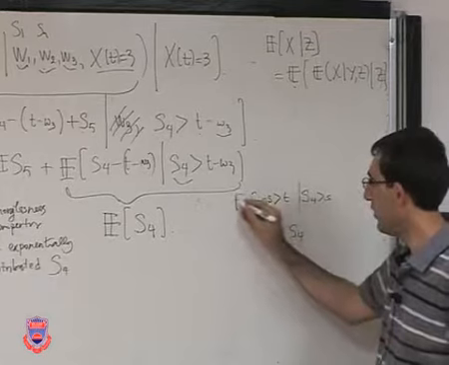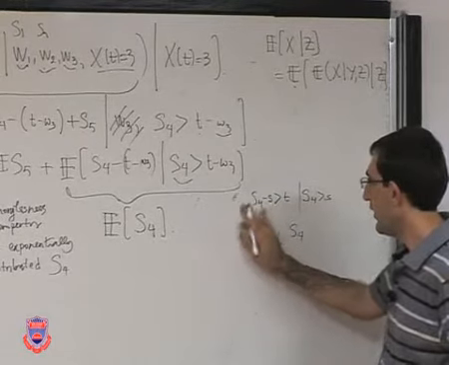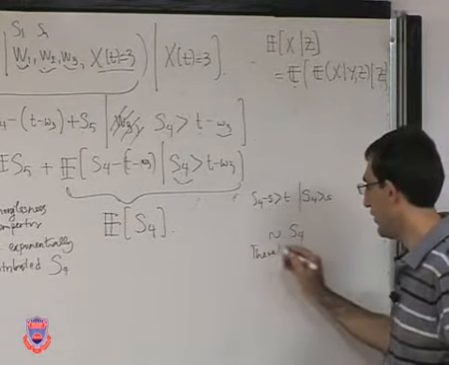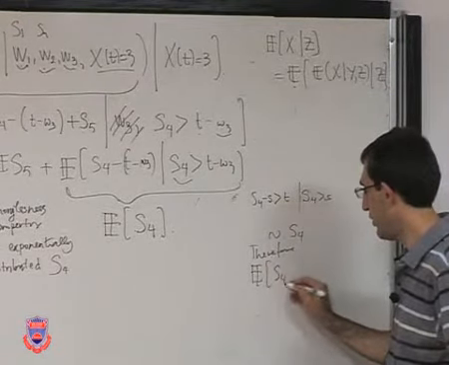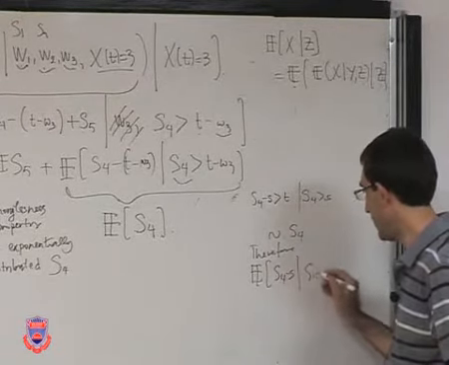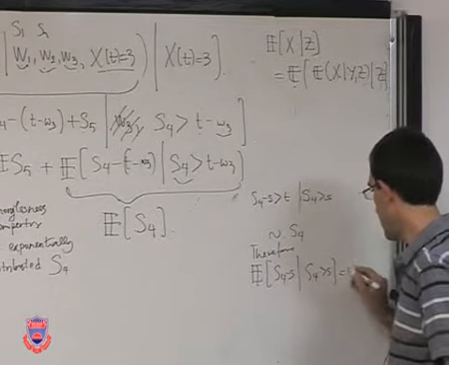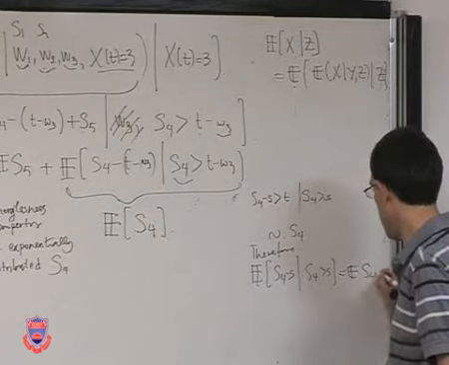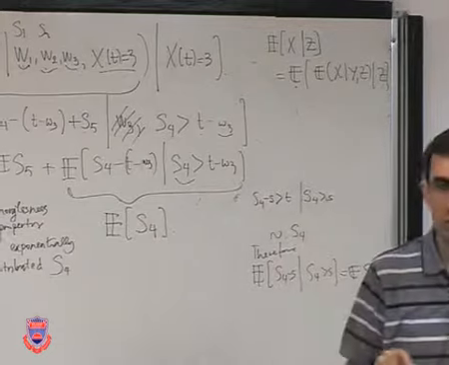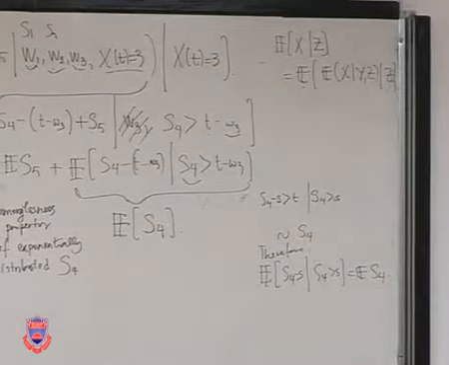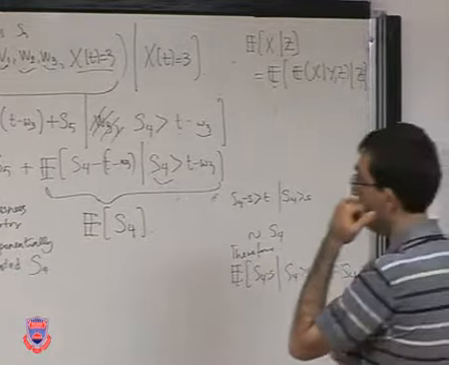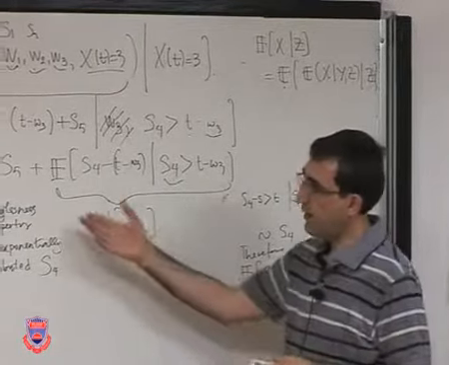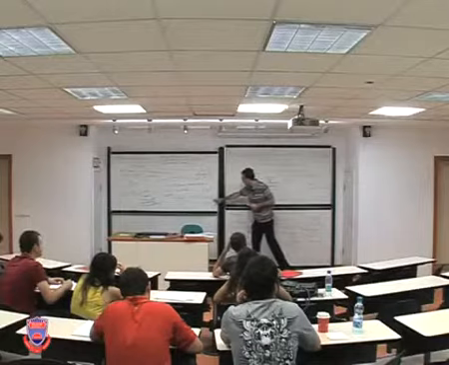In other words, the expected value of this excess given that S4 is already greater than s is the same as the expected value of S4. I guess we discussed this to some extent when we were trying to solve another problem. Okay, and then we arrived at this conclusion, right?